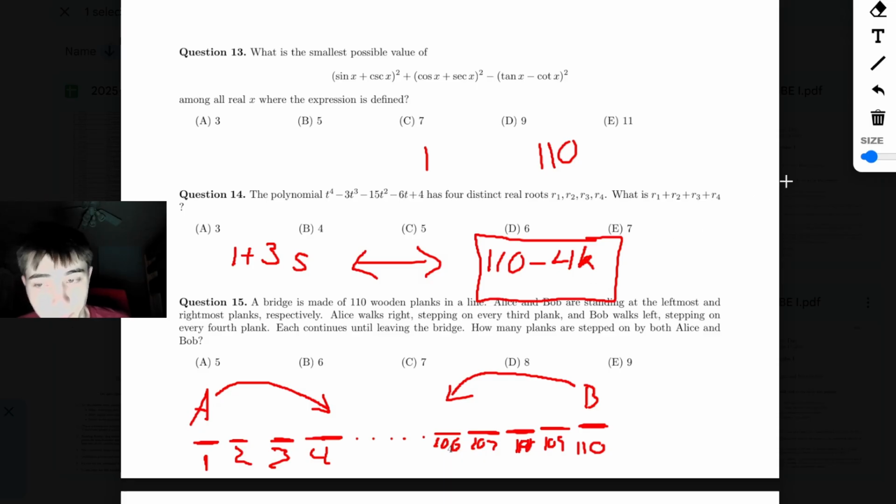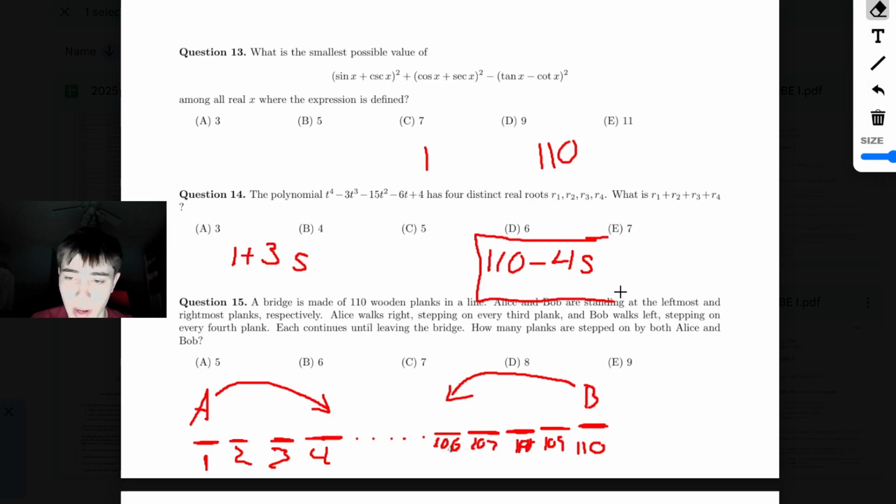Okay. So there are many different ways we could go from here. One of them is noticing that it doesn't really matter where they start as long as they step on all the planks of that form, right? So Bob could start at the last plank that he steps on and then go right every 4, and he would still step on every plank that he stepped on before.